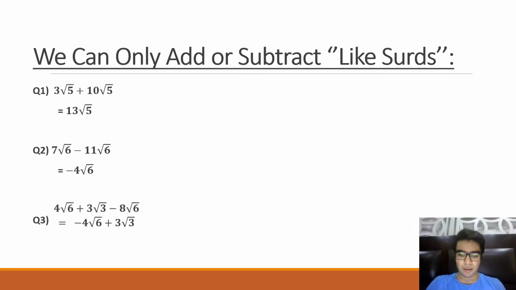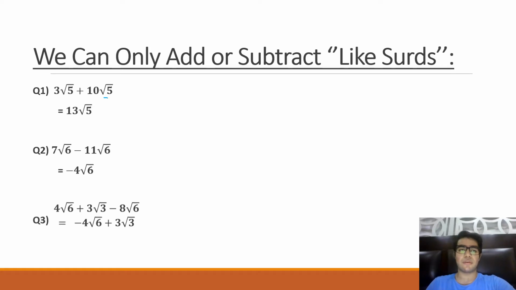If you look at question number one, it's 3 times square root of 5 plus 10 times square root of 5. These are like terms because the root number is the same, so they're like surds. So we just add the numbers. 3 plus 10 is equal to 13, and the final answer is 13 times square root of 5.